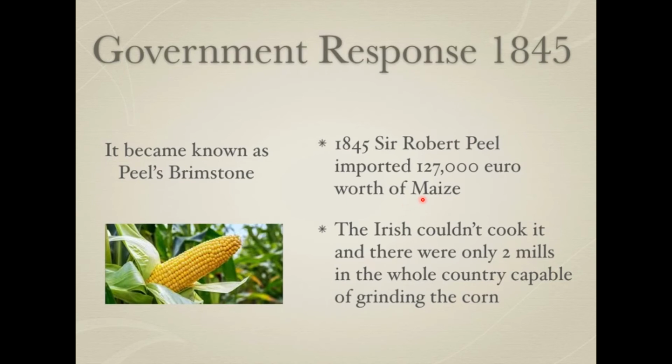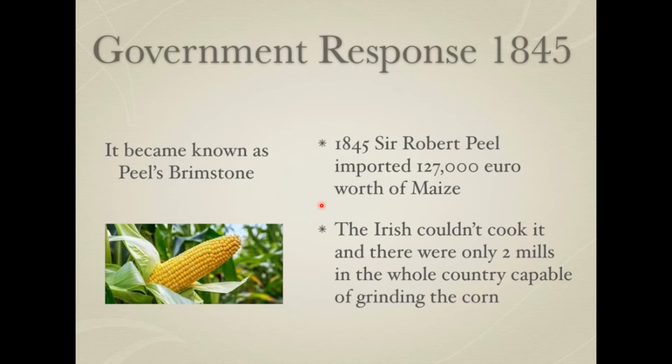Now, the Irish couldn't cook it, and there were only 2 mills in the whole country capable of grinding this corn down. So they actually didn't have the means to cook this maize that was being sent in. Now, this became known as Peel's brimstone. It was the way that they used to talk about the mountain of maize that was sent in and that they couldn't actually use.